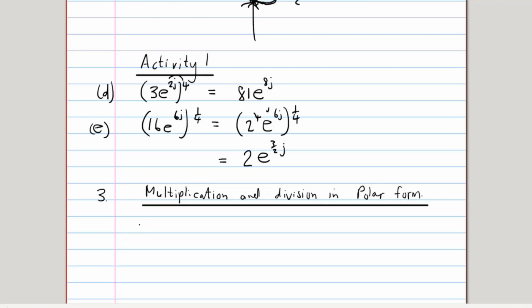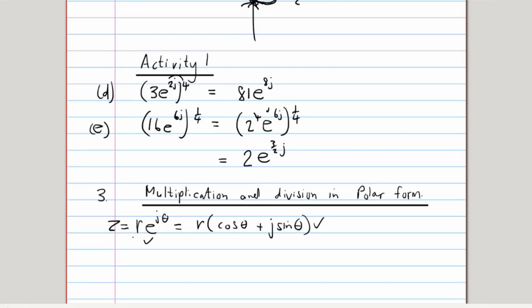If you write the complex number z in exponential form, then in polar form you can write it as r times cos theta plus j sine theta. The first form is the exponential form, and this form is the polar form.